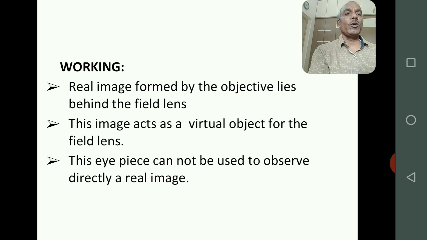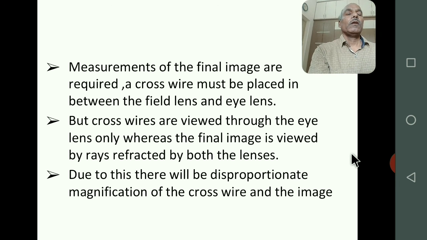This eyepiece cannot be used to observe a real image directly. If you want to make measurements of the final image, you have to keep the crosswires in between the field lens and the eye lens.